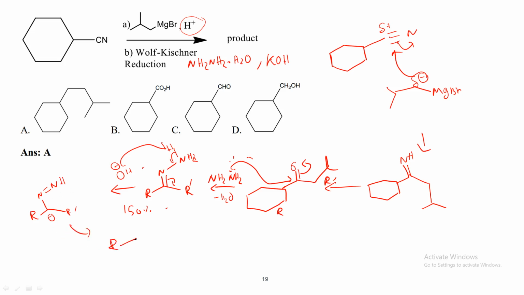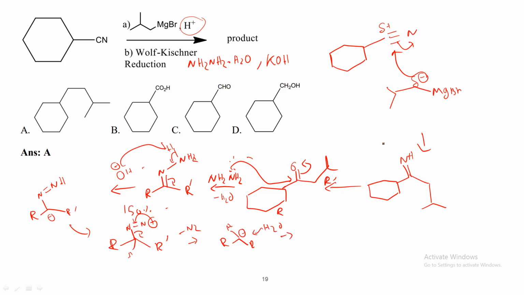So one proton is abstracted, R prime, and this. Now, another equivalent of base can abstract a proton from here and make this type of moiety. So nitrogen can be removed, and RR with one minus is there, and in water medium it abstracts a proton.